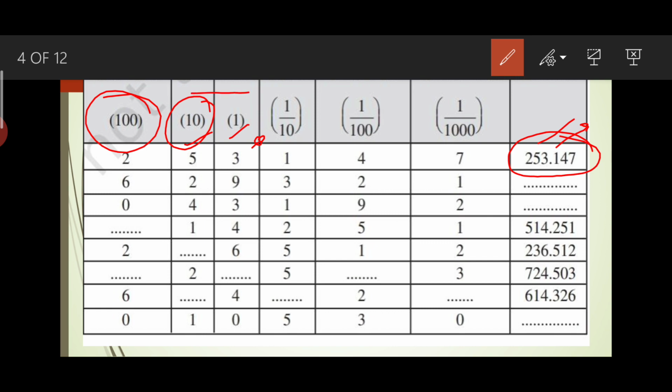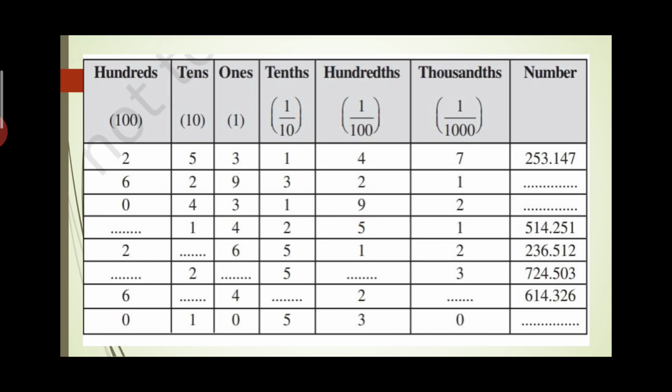On the left hand side of the decimal we have ones, tens and hundreds, and on the right hand side of the decimal we have tenths, hundredths, then thousandths. So this is the basic difference. Now you have to see this table, and you have to understand all the values, how we have written them in the form of decimal.